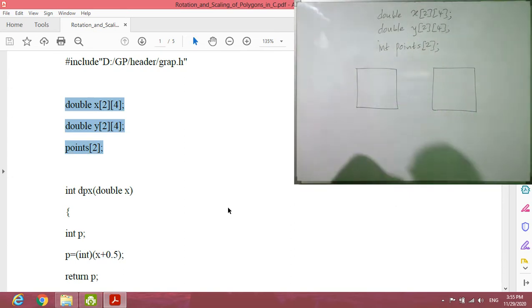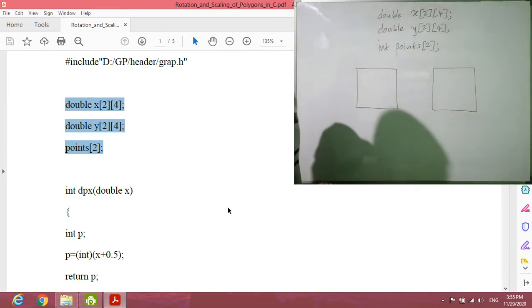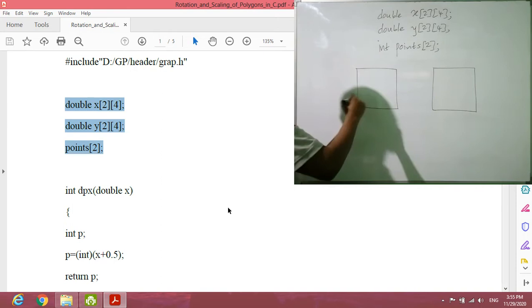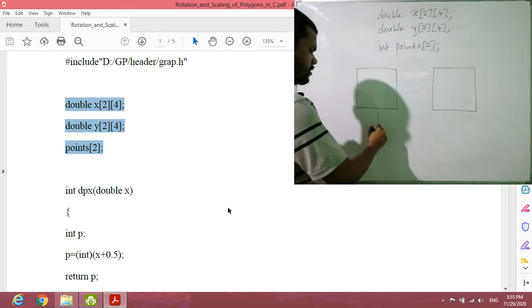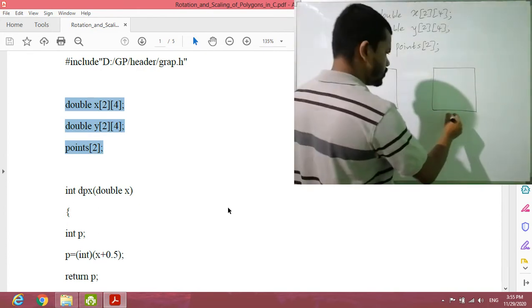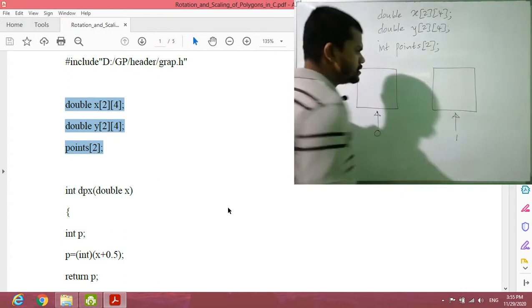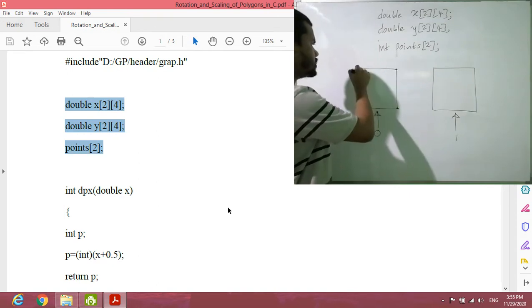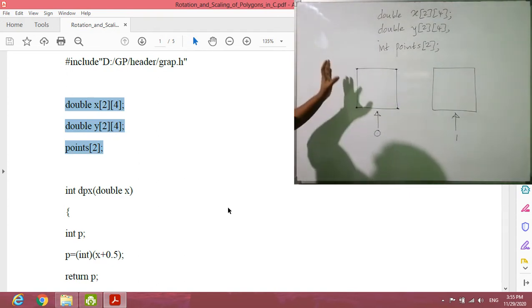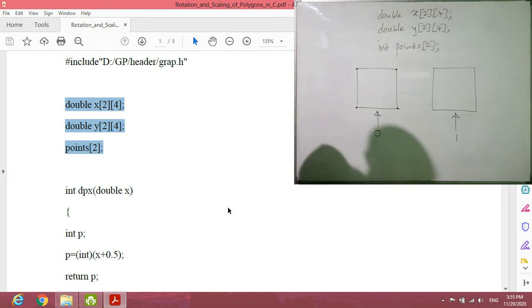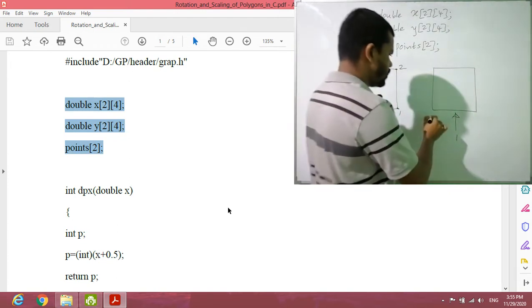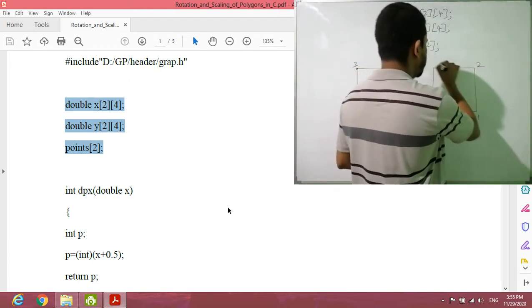Here the index of this square is 0, the index of this square is 1, and here we have 4 vertices, and we represent the square using its vertices: 0, 1, 2, 3. This one also has 0, 1, 2, 3.